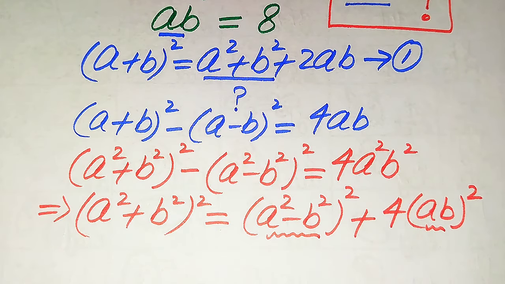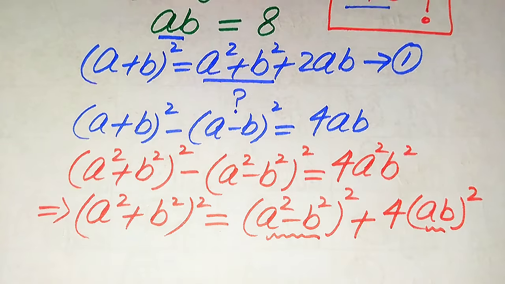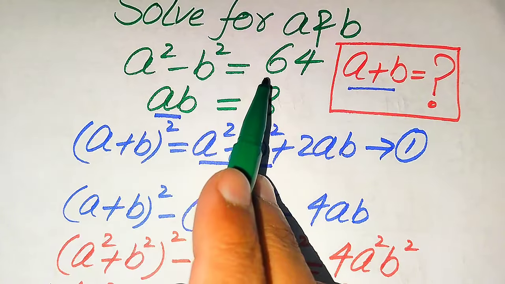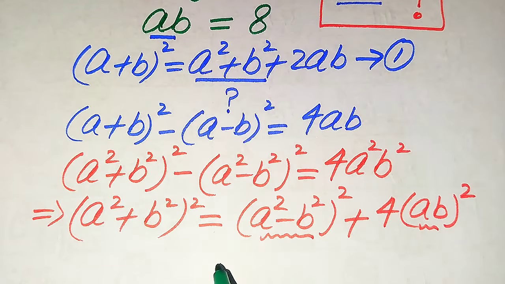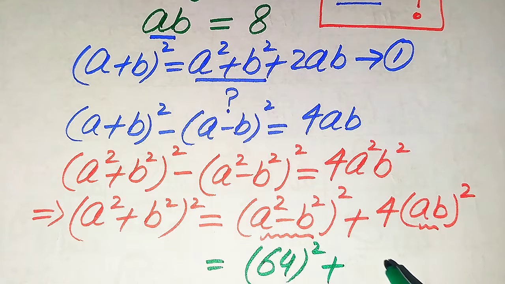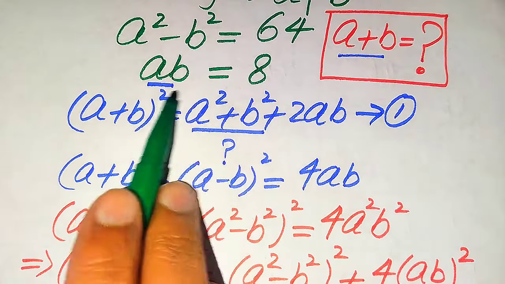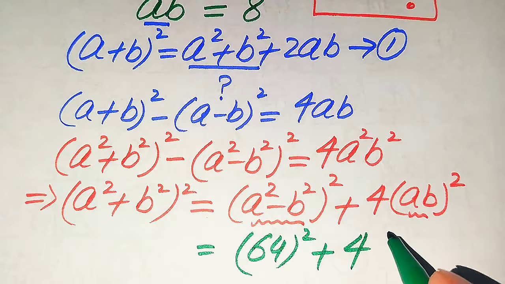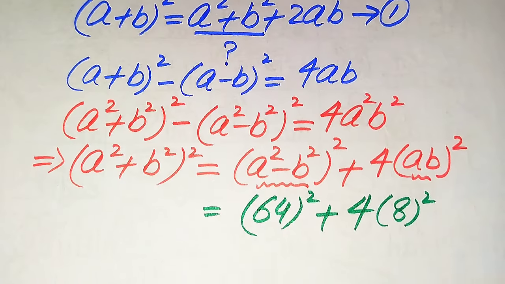If you see in the given question statement, we have the value of a square minus b square is 64. So we replace this value with 64 whole square, and we have the value of ab is 8. We put it here, it becomes 8 square.